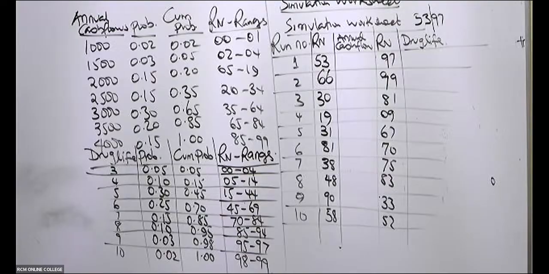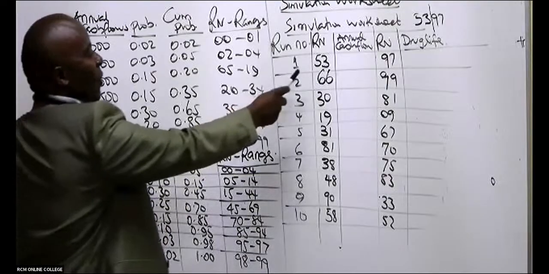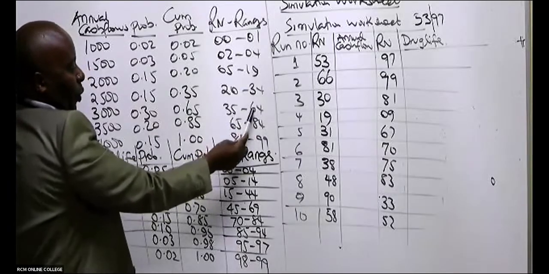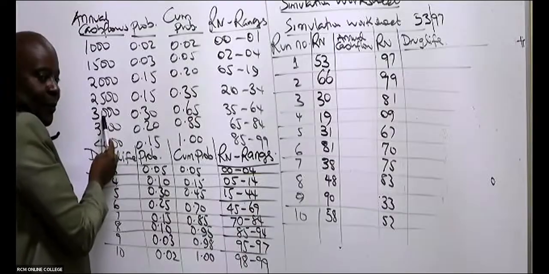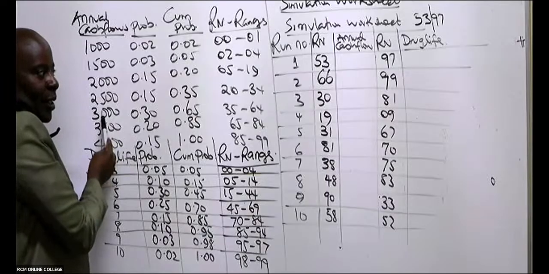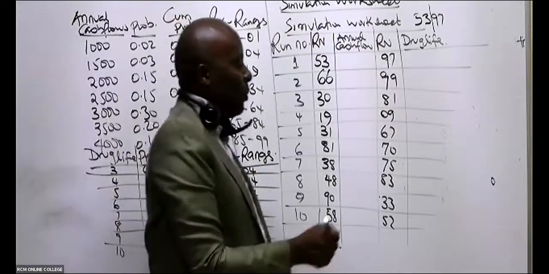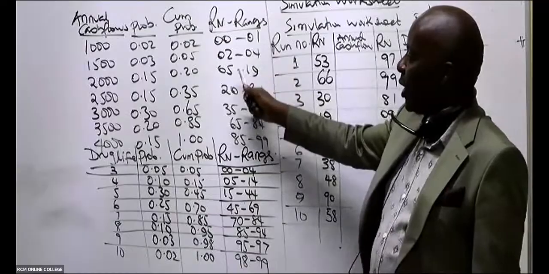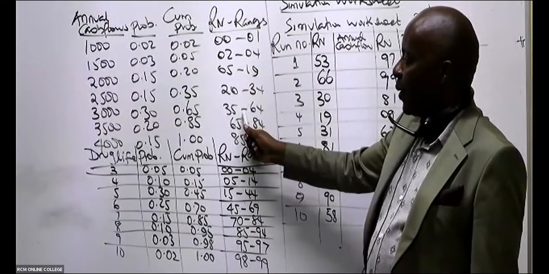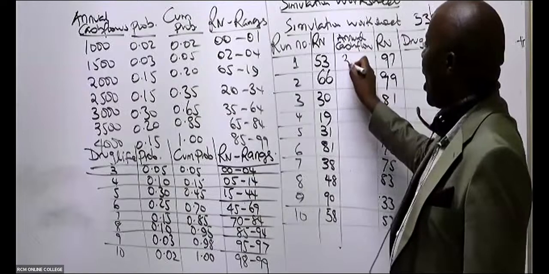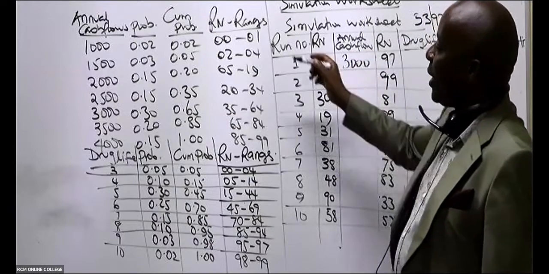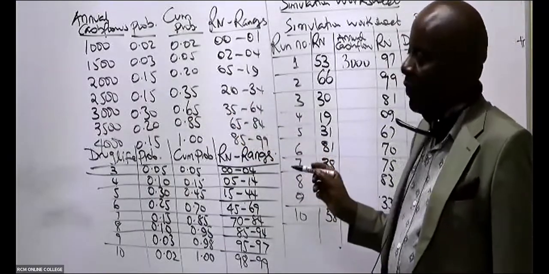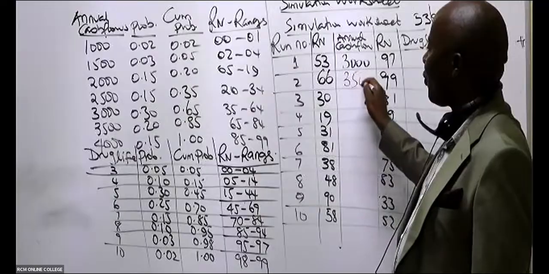For example, in the annual cash flows, when we have 53, where is 53 here? 53 is in this class, which corresponds to what cash flow? 3,000, isn't it? 53 is not exactly here, it is in between here, which corresponds to 3,000. How about 66? It is here. This corresponds to 3,500.